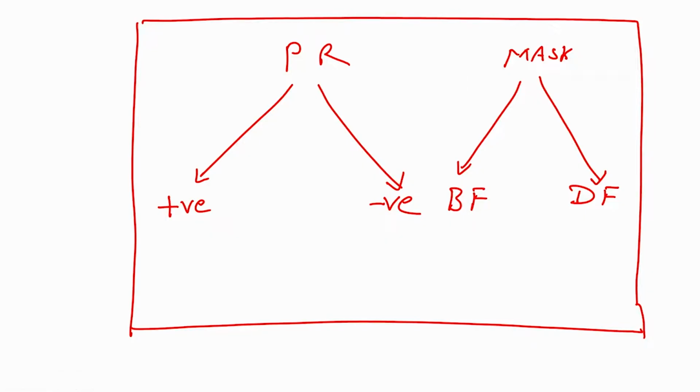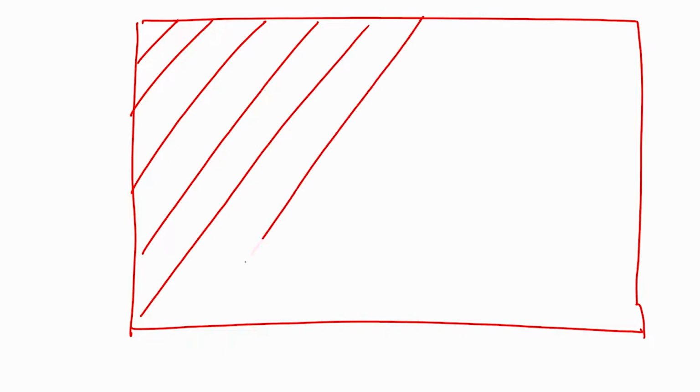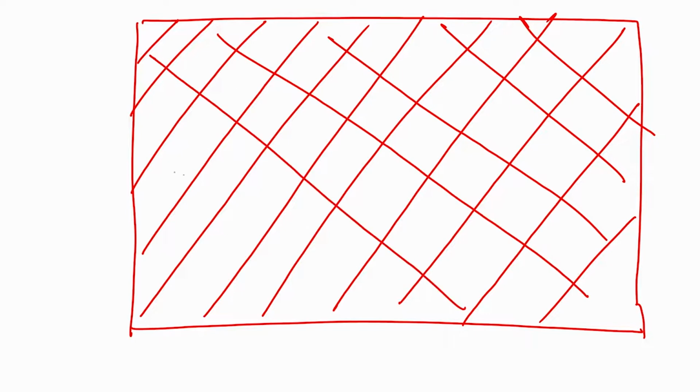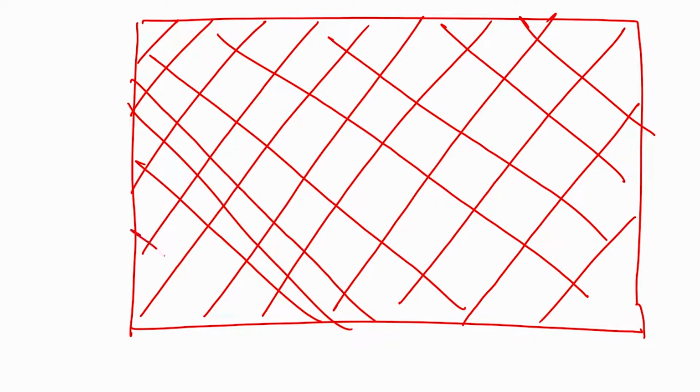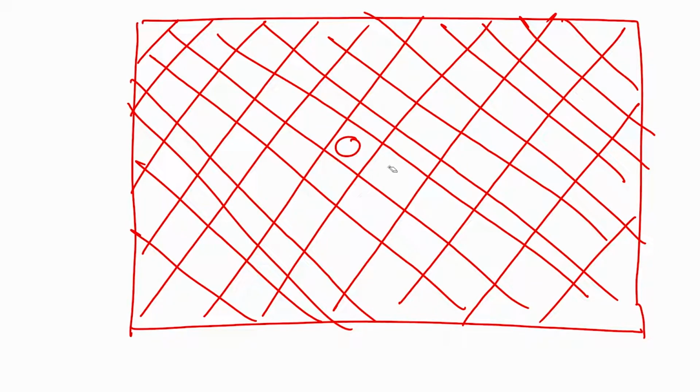Instead of that, if I have this entire box, you assume I am just drawing lines, but you assume that everything here is dark, and only the pattern that I am drawing here, let us say this circle, is bright.